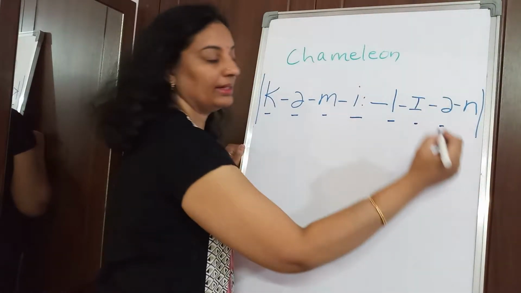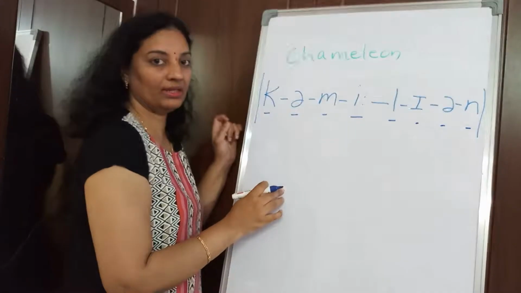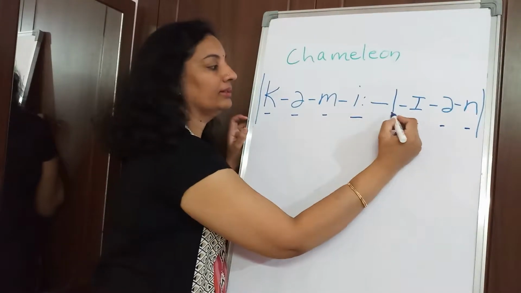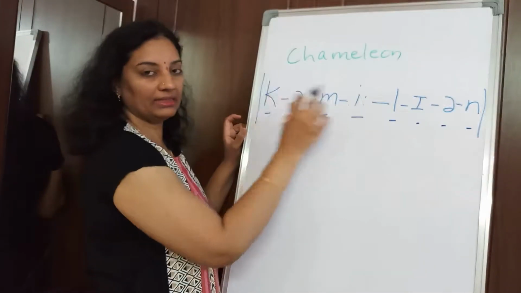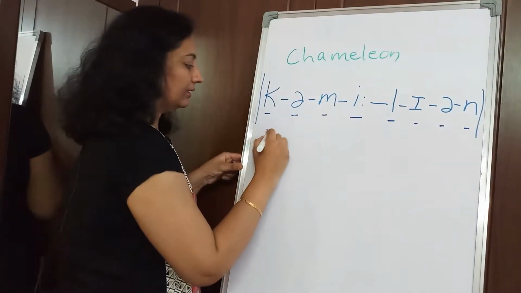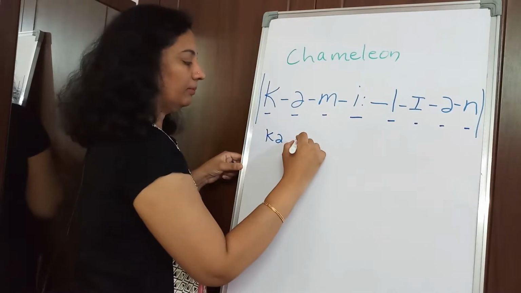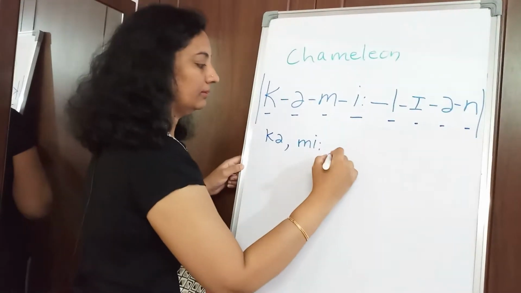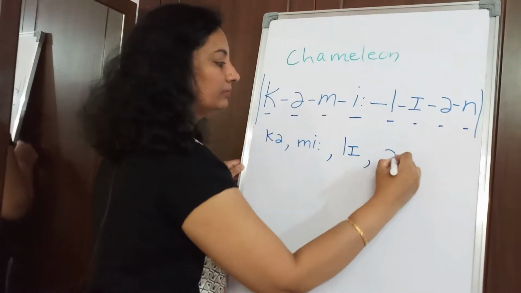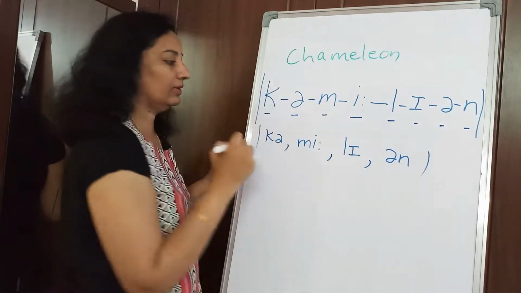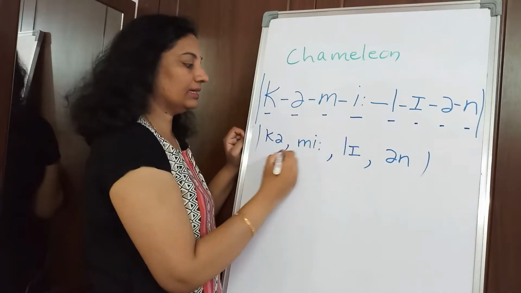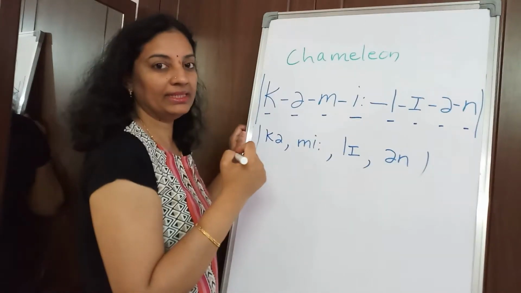Once again, n, ending sound. Look at its pronunciation. Ka, mi, li, an. If you divide this into syllables, that means vowel units. Ka, okay, these are the syllables used in this word. Its pronunciation is chameleon.